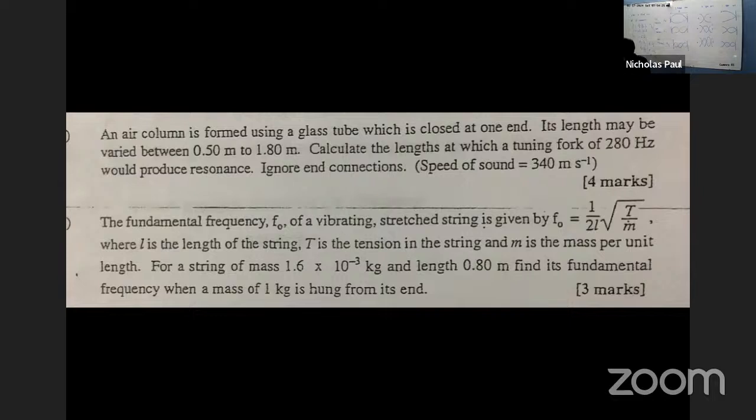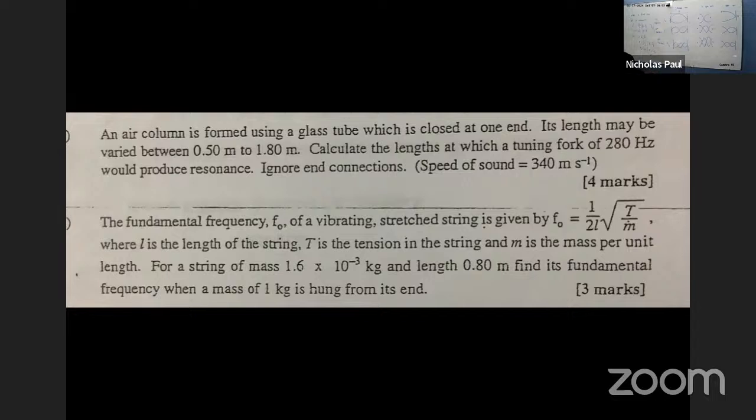Its length may be varied, from 0.5 to 1.8. Calculate the length at which a tuning fork of 280 would produce resonance. Once you hear that resonance, all they want to know is when stationary waves will be formed. You have to use the information there to figure out at what length they will observe stationary waves.